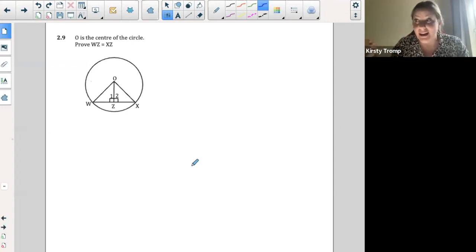Radii is the distance from the center to the edge. So do not forget about radii or radius. It means that all the radii are going to be equal in a circle. So when they put triangles into a circle, what are they going to try to trick you with? It's the fact that you've got radii.